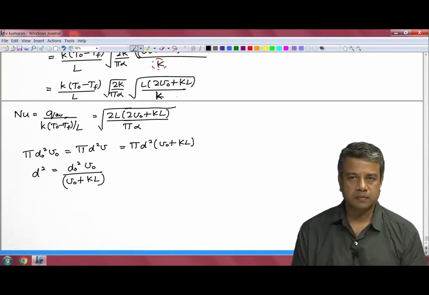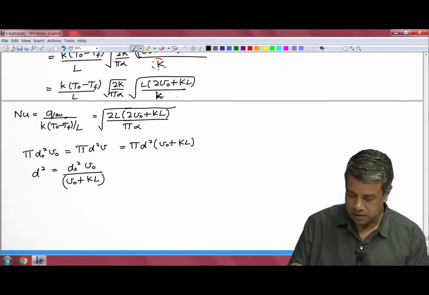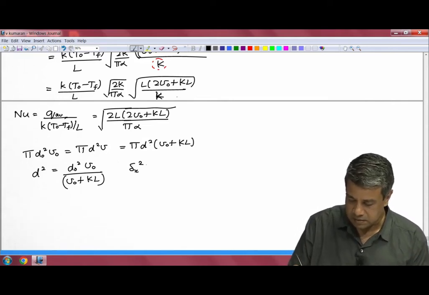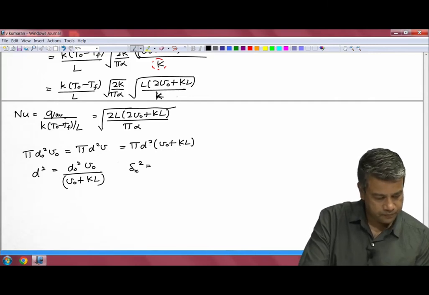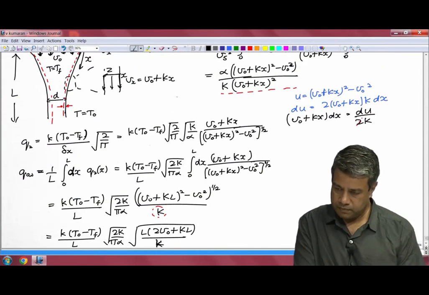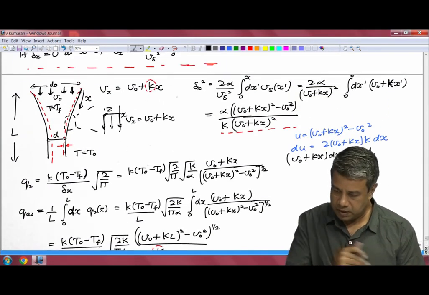And we require that the boundary layer thickness be much smaller than this diameter. Recall that delta x square was equal to this one.